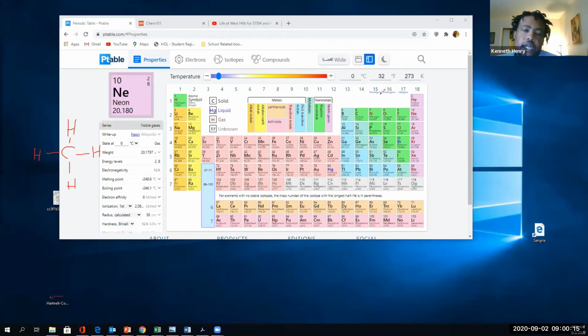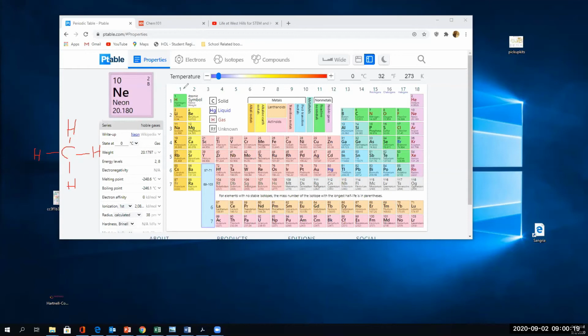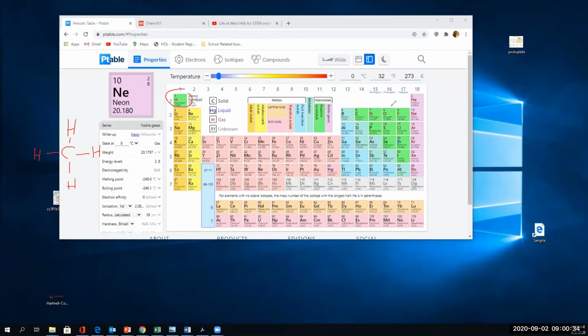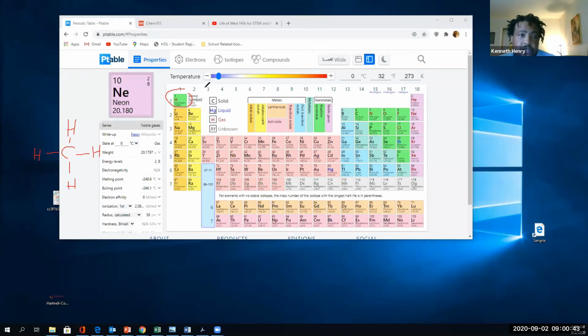So the reason why oxygen is so much stronger than hydrogen, right? Hydrogen is up a level. It doesn't have as much to work with. It doesn't have as much pull because it only has that one proton that it's working with. Where oxygen has 8 protons. And so its pull is going to be more than the hydrogen.